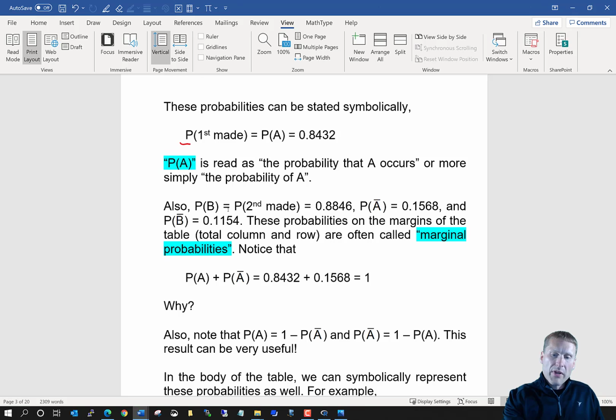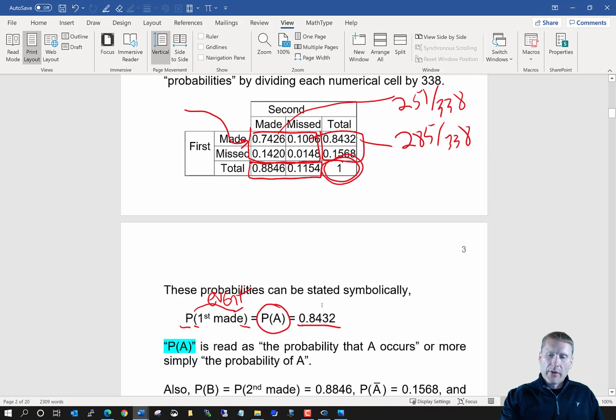We use a P, and then parentheses, and then inside we put the event, and we phrase this as the probability the first was made, or more generically we can say the probability of A, and that was 0.8432, which was located right here in the table.